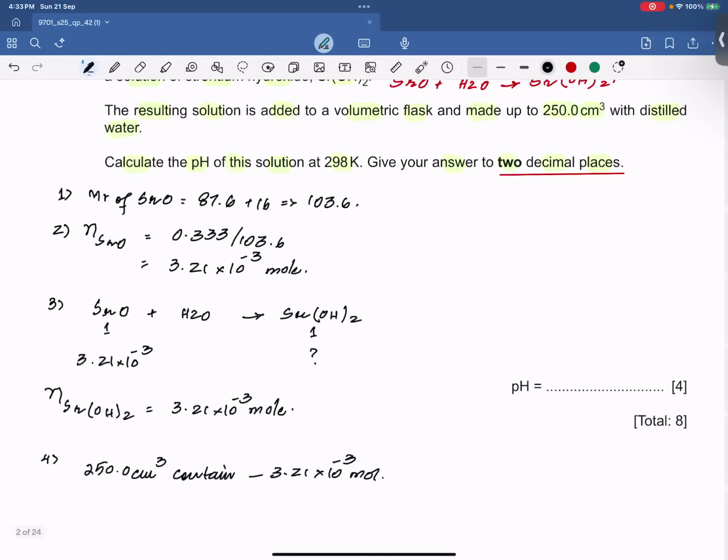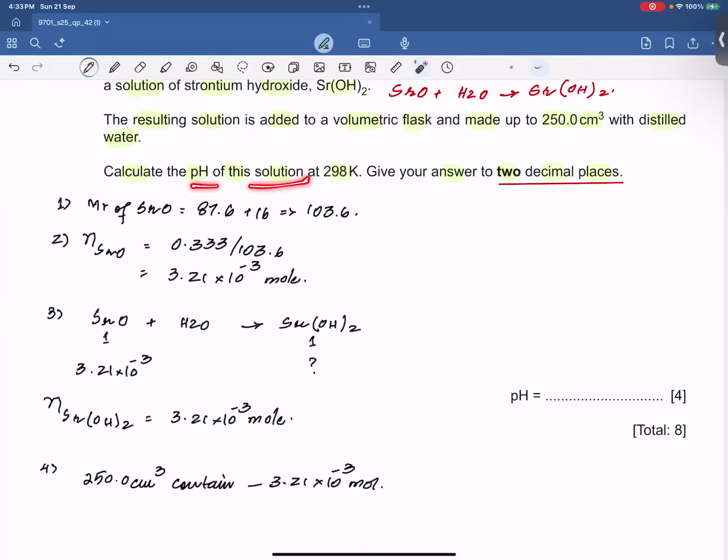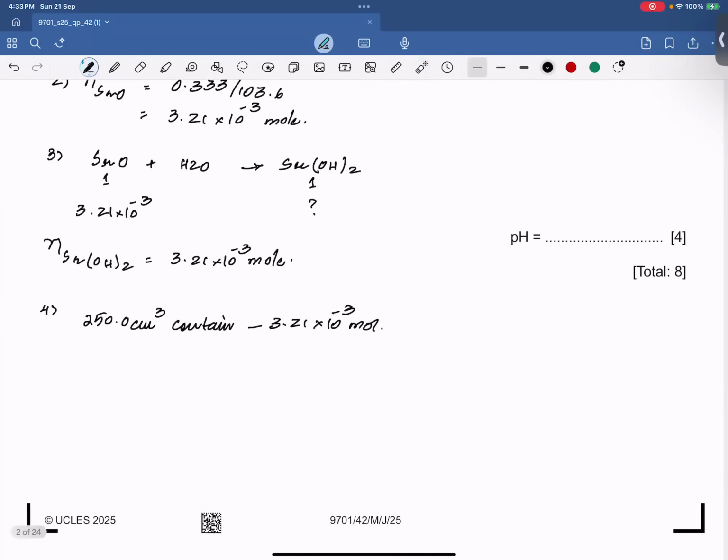In order to get the pH value of this solution, I need to convert these moles into concentration, and for that I need to compare it with 1000 cm3. So the concentration of strontium hydroxide is going to be 0.01285 mole per dm3.